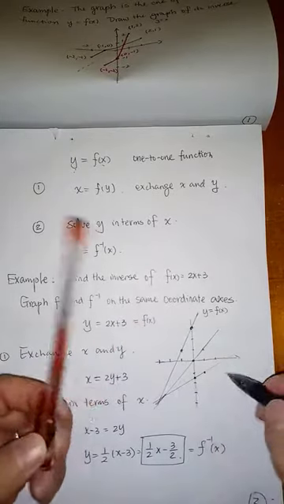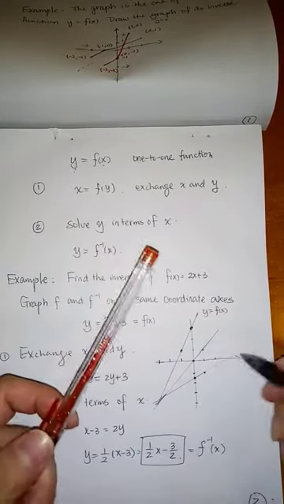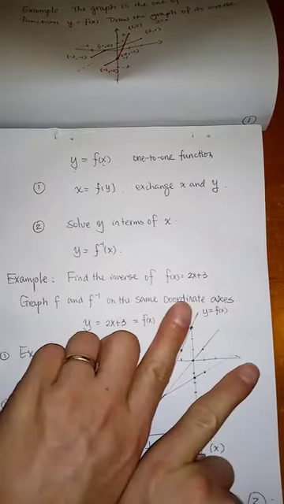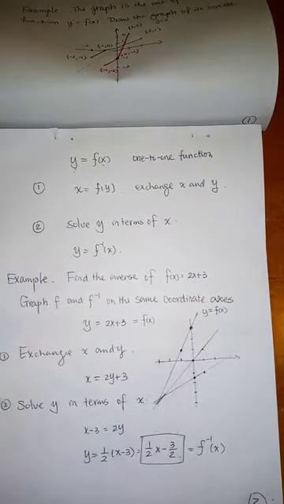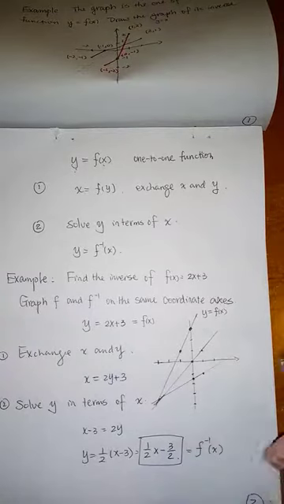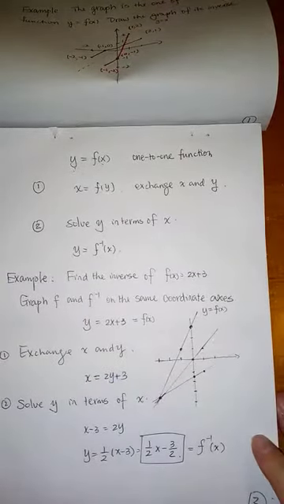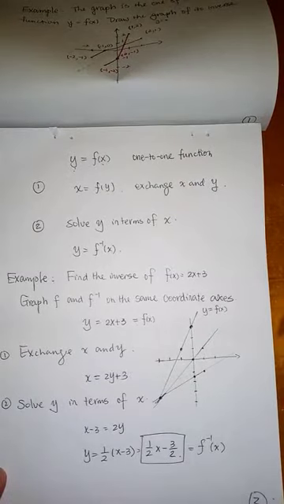If I don't use a pencil, I can get a better graph. You will see that these two graphs are symmetric about the line y equal to x, and the intersection point should be on this y equal to x line. We almost get to the intersection. A little bit of error. Okay, so that's the first example.